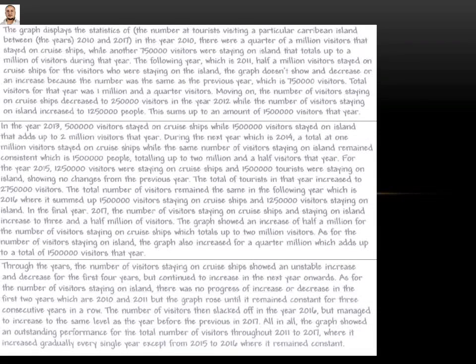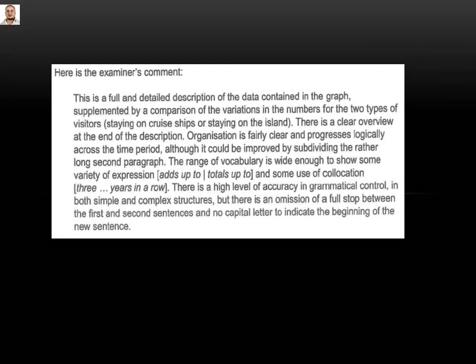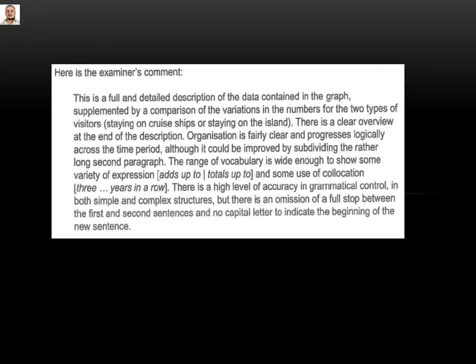Okay, we come to the end of this task here, and now we take the comment of the examiner. Here is the examiner's comment. This is a full and detailed description of the data contained in the graph, supplemented by a comparison of the variations in the numbers for the two types of visitors, staying on cruise ships or staying on the island.